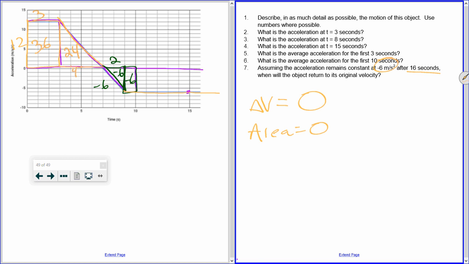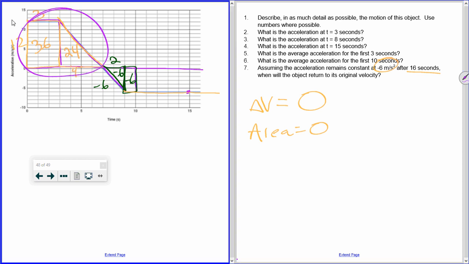All right, well look, here's what we know. We know that this has an area of 60, right? So when does the area over here equal -60? Well, let's see. So after 10 seconds, we've subtracted 6 twice, right? So now we're down. So how many more do we need?